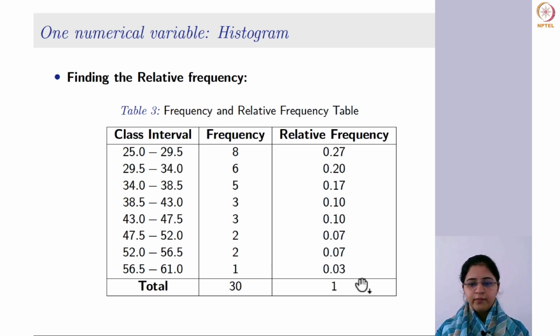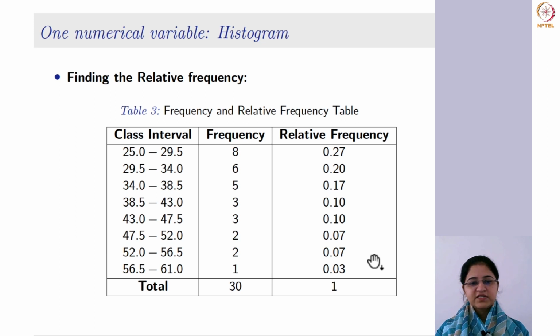If you add up all the relative frequencies, you will get 1, because the sum would be 1. Now, instead of making the histogram in terms of frequency, you can make it in terms of relative frequency.